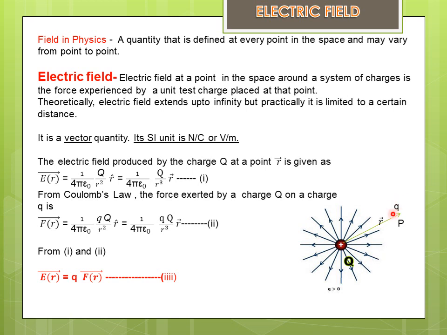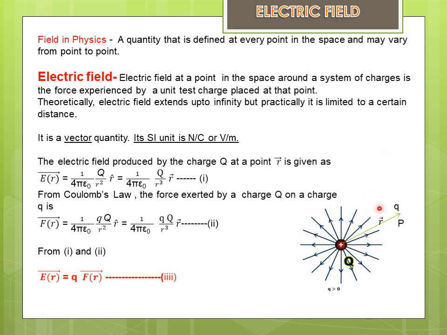To answer such a question, scientists gave another concept, that is of the electric field. Electric field is defined at every point in this space, and it varies from point to point.